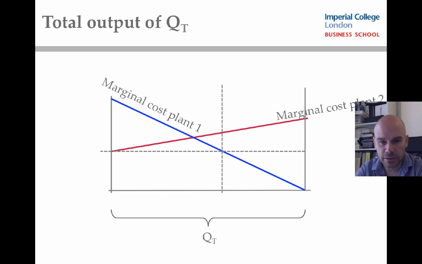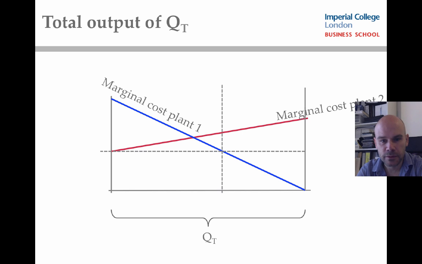Well, the marginal cost is equalized in both plants, and they produce exactly this total amount QT. So what this tells us is that if we want to produce an amount QT, the way we have to distribute it is to make sure that the marginal cost of production across all plants is equalized.